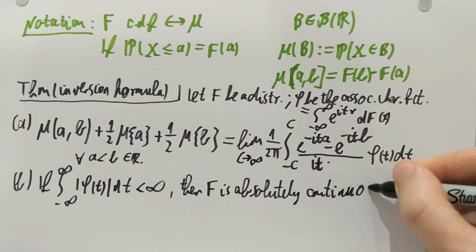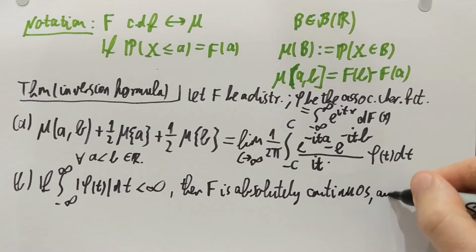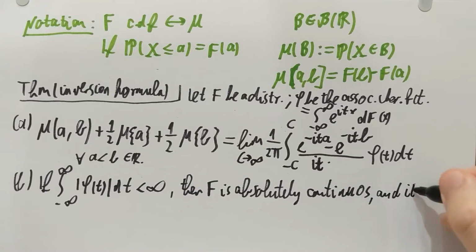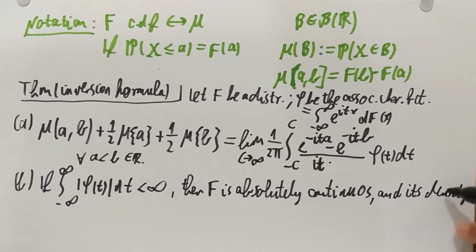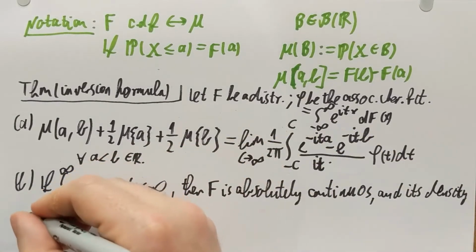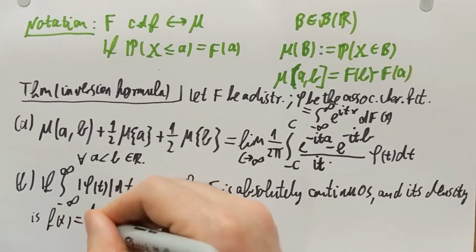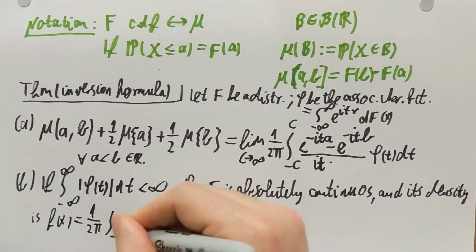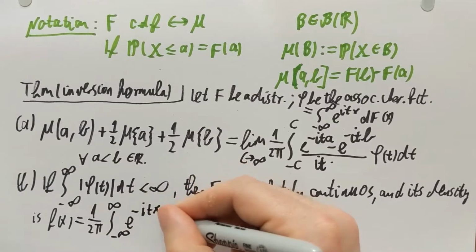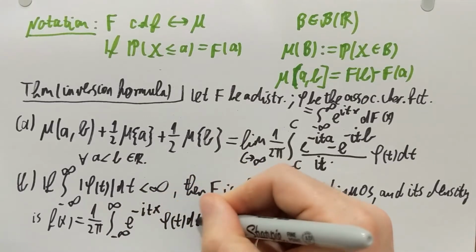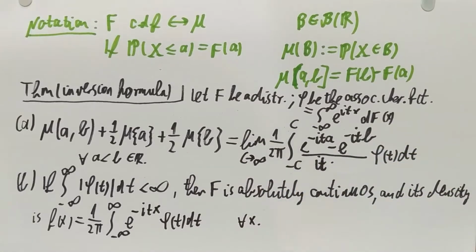In other words, it has a density, so the random variable is continuous, and its probability density function is f of x equals 1/2 pi integrate from minus infinity to infinity exponential of minus itx phi of t dt, and this is for any fixed x in the real line.